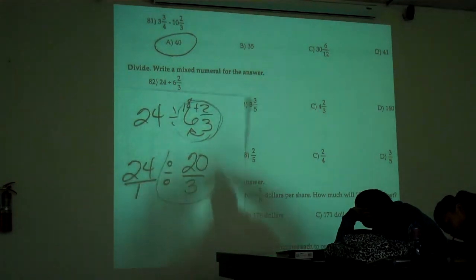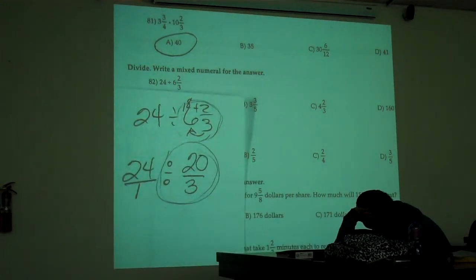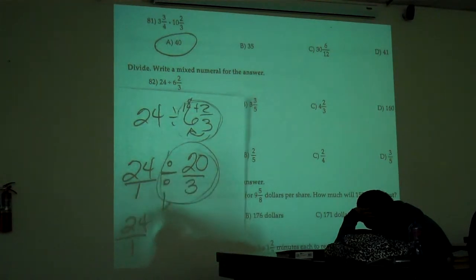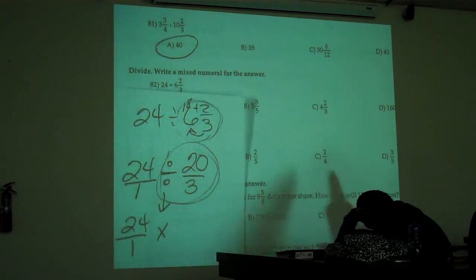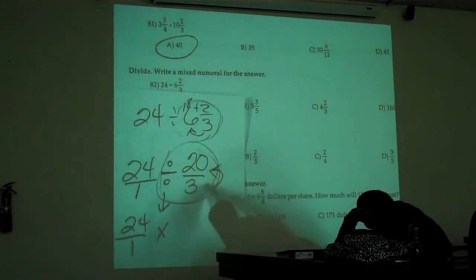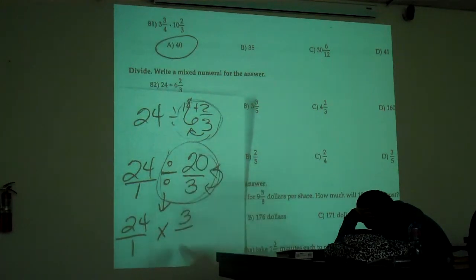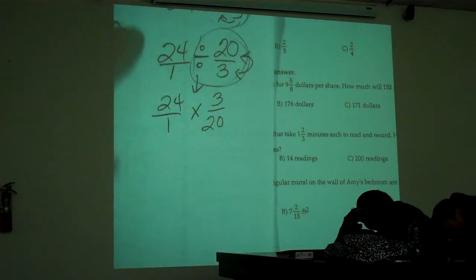Now, you always leave the first one. Leave it 24/1. Turn this into multiply by the reciprocal. Put 3 on top, put the 20 on the bottom. Now, before we multiply those numbers, what do we want to do?